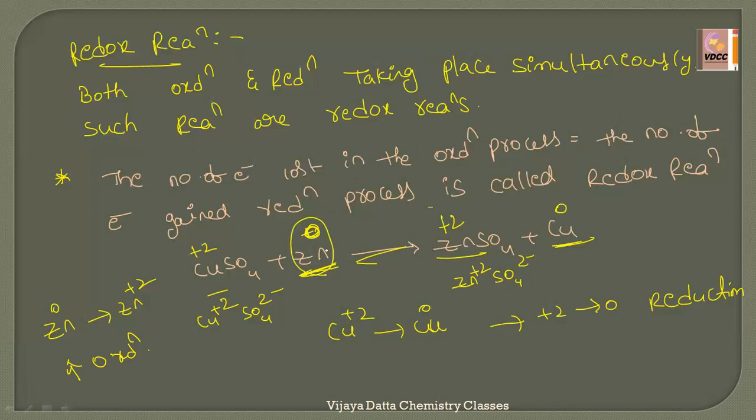So the increasing oxidation state is called oxidation, so that is called reducing agent. Zinc is called the reducing agent. Copper plus 2 to 0 gets reduced, reduction takes place, so copper is called the oxidizing agent. So from the equation, zinc undergoes oxidation, so it is called the reducing agent.